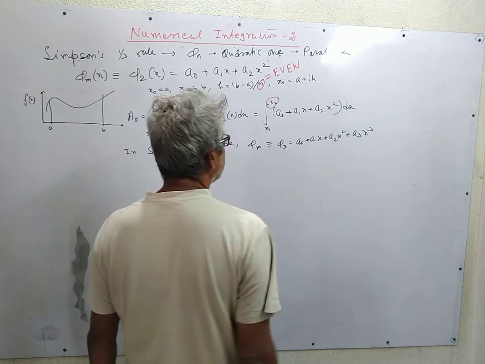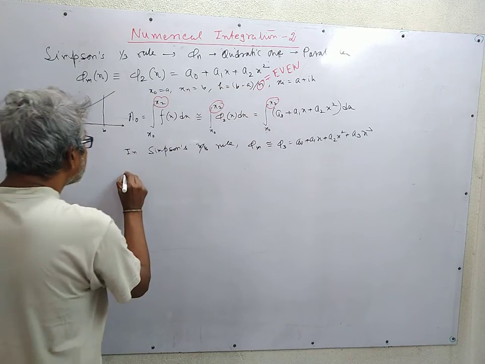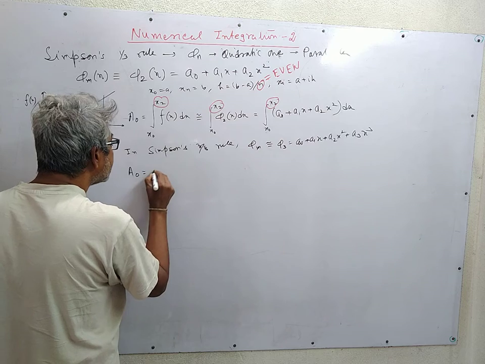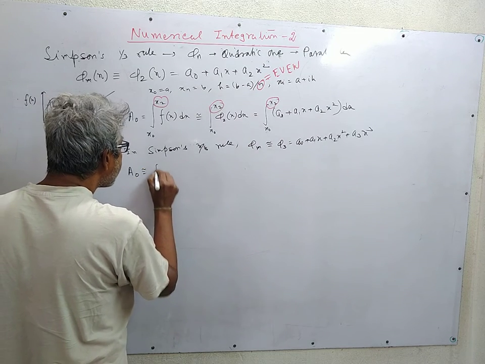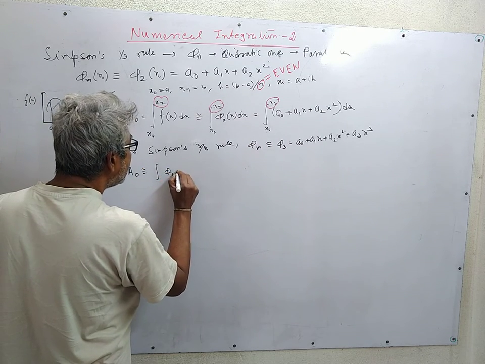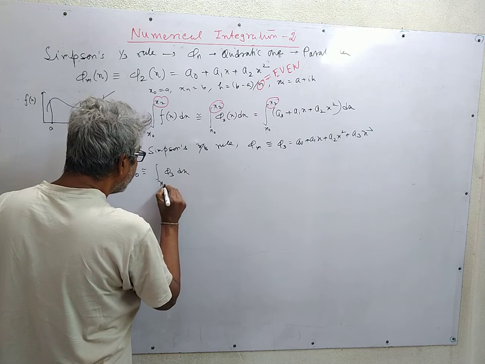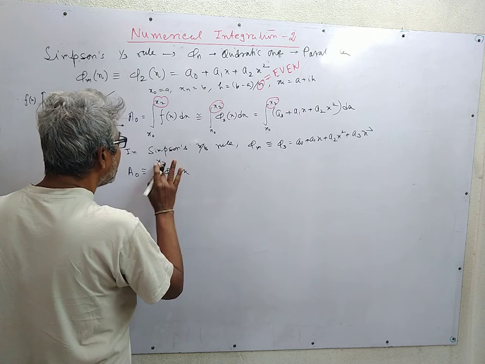There were 4 unknowns involved, so the first block formula in this case would be the integral of phi 3 dx between limits x0 to x3.